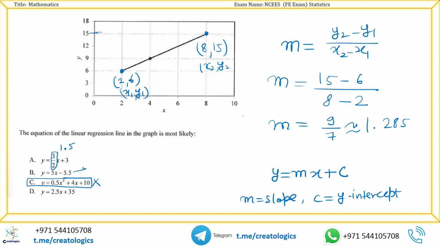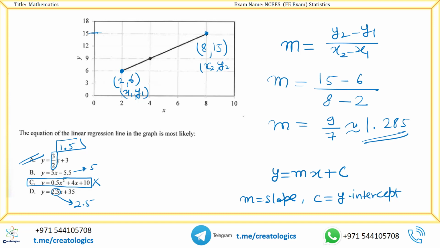In the second one, the slope is 5. The coefficient of x I am taking. Here 2.5. So as you can see, which one is more near? This one, option A. 1.5 is more near to this 1.28, so this one is going to be our answer. Option A is most near, that's why we have to select option A as the correct answer.